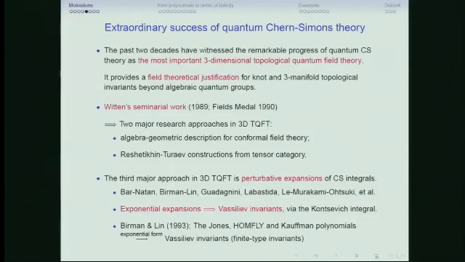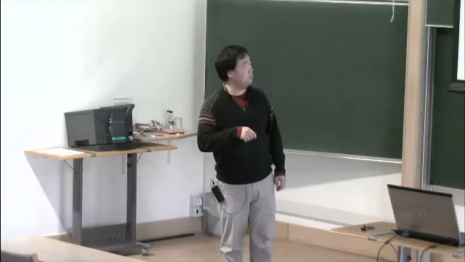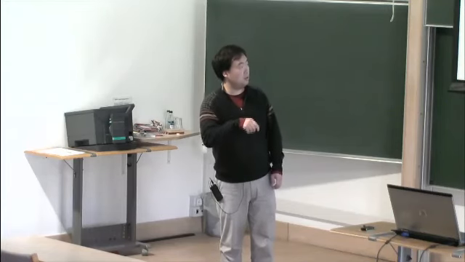His work leads to two major research approaches in 3D TQFT, just these two. In 3D TQFT, we have three major approaches. The third one is the perturbative expansion of Chern-Simons integrals. In this area, we have many famous names, Bar-Natan, Bott, Lin, Guadagnini, and so on.